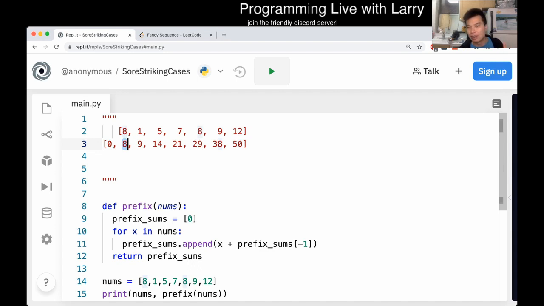Element 1 is going to be the sum of the first one number, then the sum of the first two numbers, the sum of the first three numbers, and so forth. That's very basic prefix sum, literally just the sum of the prefix of the index that you're looking up. And it may come in handy.